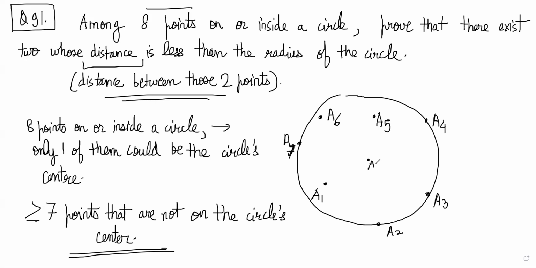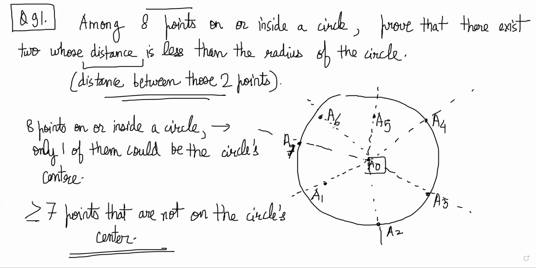And this is the eighth point which was on the center, right? So what you can think here is if you join the central point to all of these, you will determine basically 7 radii. Obviously, you have to extend the segment sometimes because some points might be interior, right?